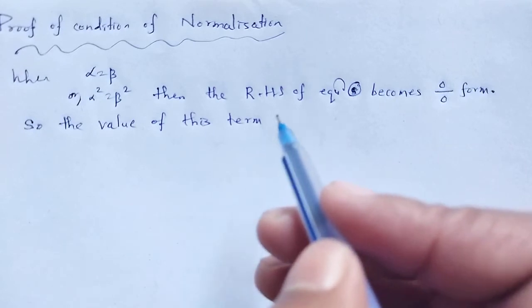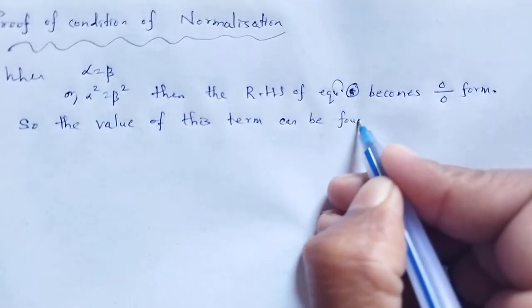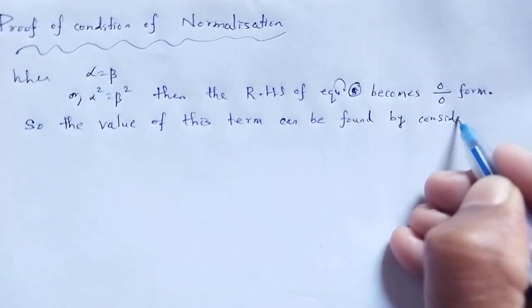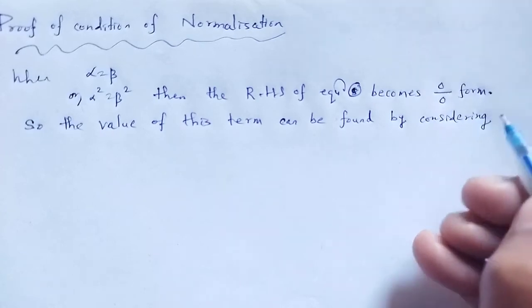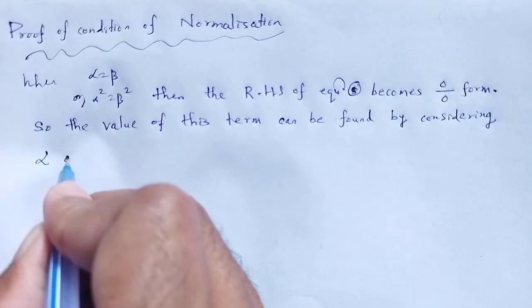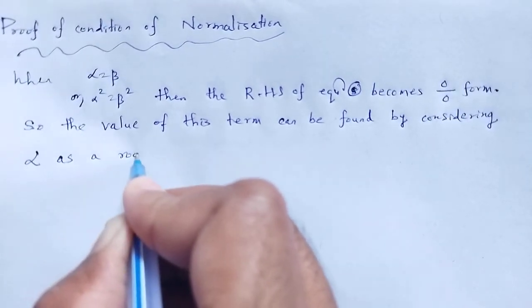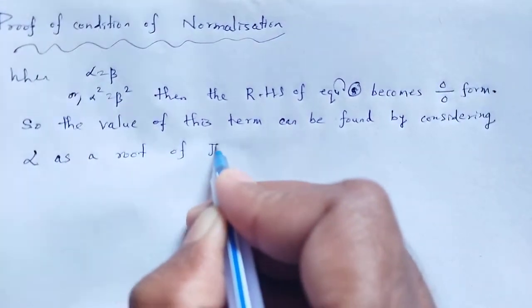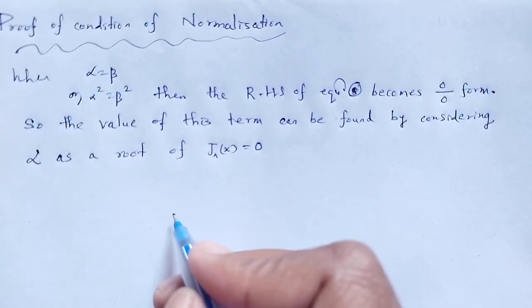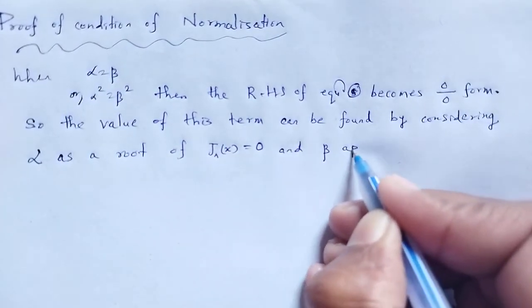The value of this term can be found by considering alpha as a root of Jn of x is equal to 0 and beta approaching alpha.